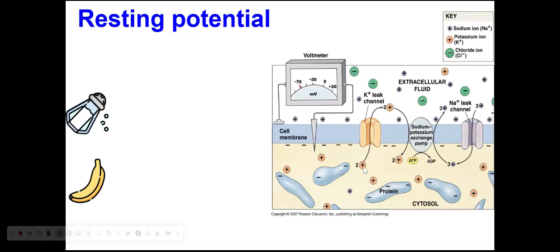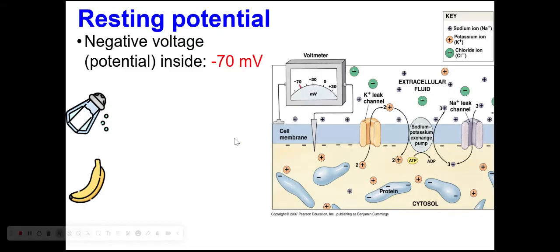You can see positive sodiums, positive potassiums, and then negative proteins. When we tally all of these positives and negatives up, what we find is the membrane is more negative on the inside. It actually has a voltage of negative 70 millivolts.